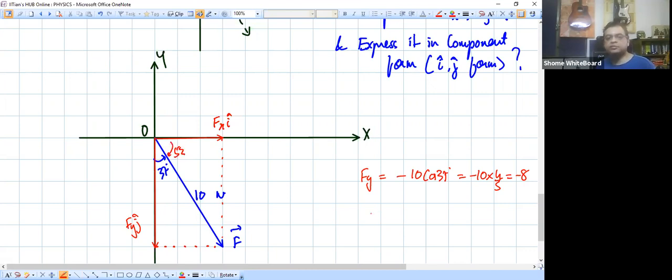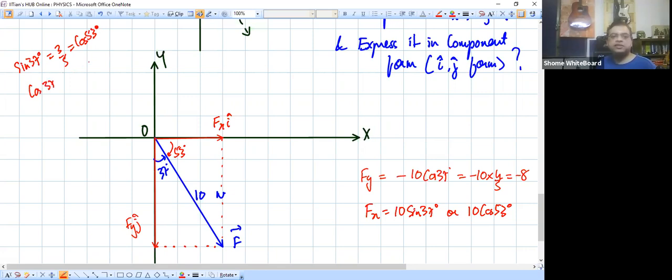So you can see that fx will be 10 sine 37, or you can also write it as 10 cos 53. And you can see that sine 37, which is 3 by 5, is the same thing as cos 53, just as cos 37, which is 4 by 5, is the same thing as sine 53.